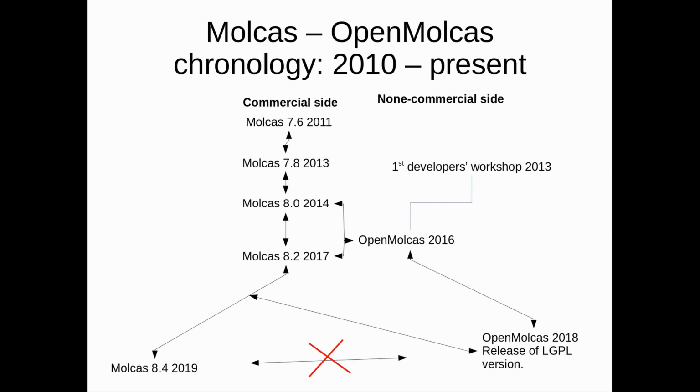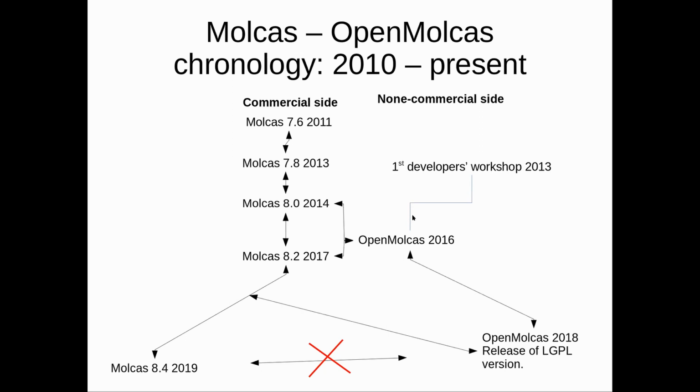Let me just briefly give you a chronology of what happened with the package in the last 10 years. Here on my left side, I have the commercial branch of the package. And here you can see the release versions and which year this happened. And about here, 2013, we had the first developers workshop.